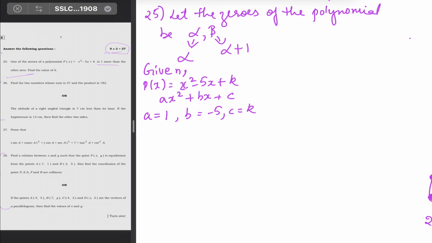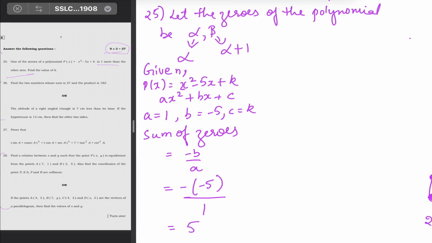We know the formula for sum of zeros is minus b by a, that is minus of minus 5 by a. What is a? It is 1. Hence sum of zeros is 5, that is alpha plus beta is equal to 5.